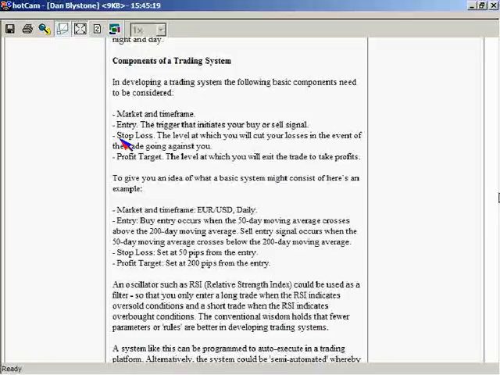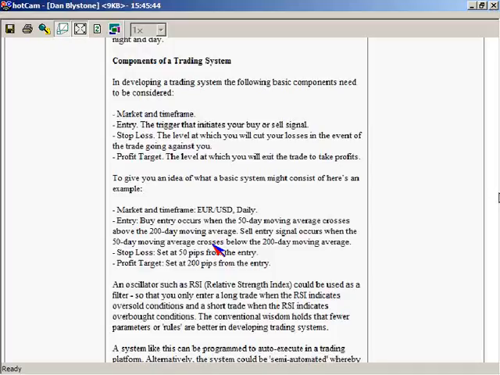Okay, to give you an idea of what a basic system might consist of, here's an example. Market and time frame, EUR/USD, daily. Entry: buy entry occurs when the 50-day moving average crosses above the 200-day moving average. It's a signal known as the golden cross.